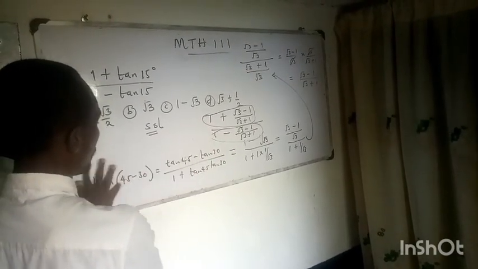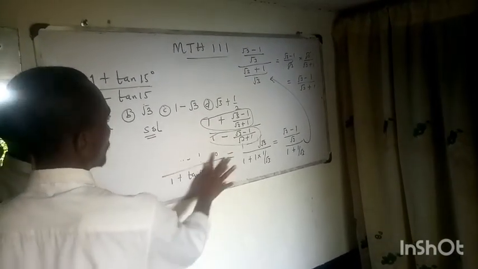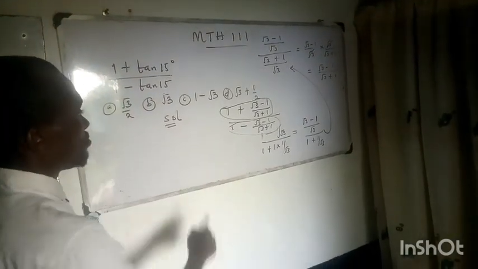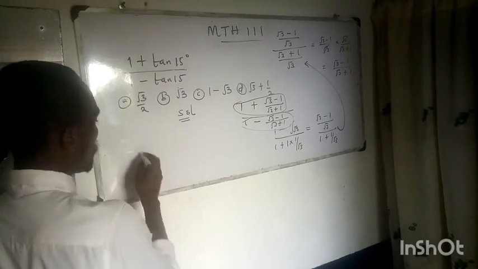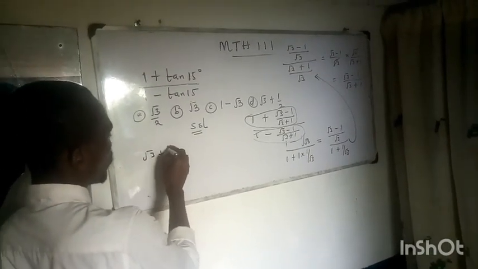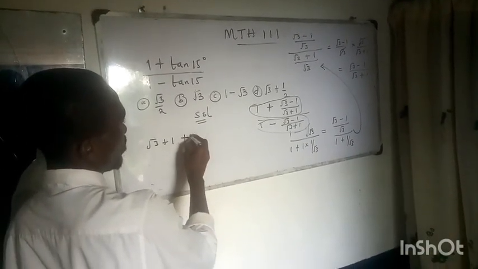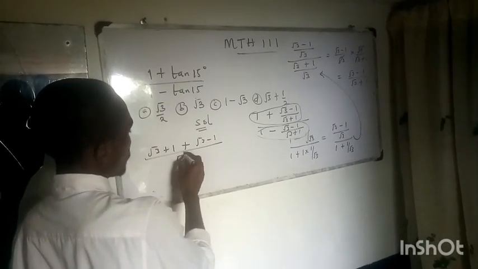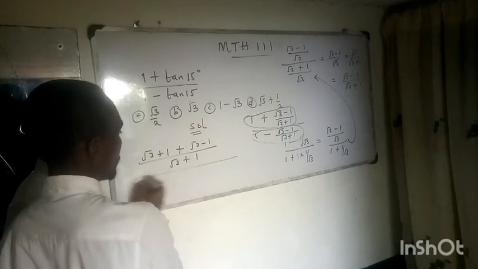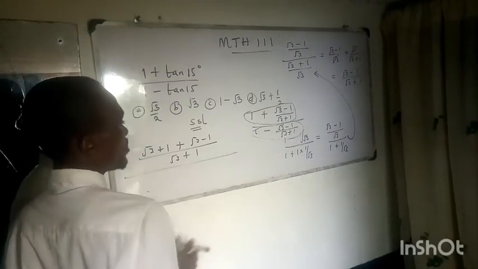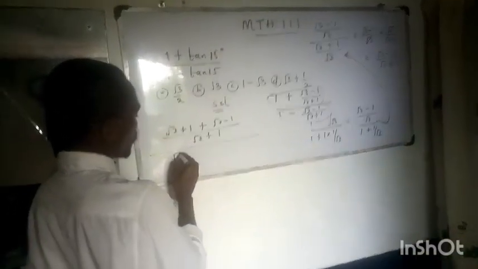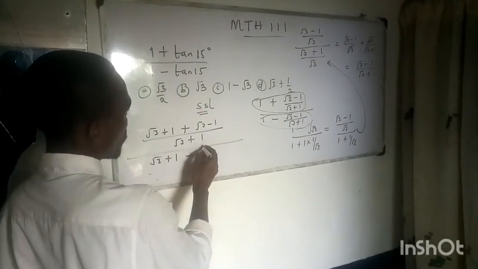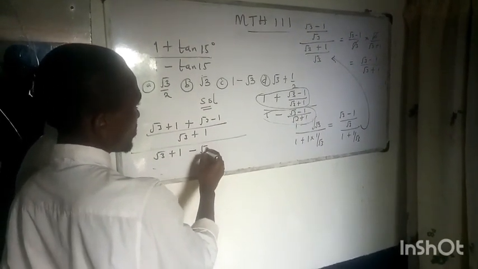Let's wipe this off. Okay, now this becomes root 3 plus 1 plus root 3 minus 1 over root 3 plus 1. Then we have the denominator becomes root 3 plus 1 minus root 3.